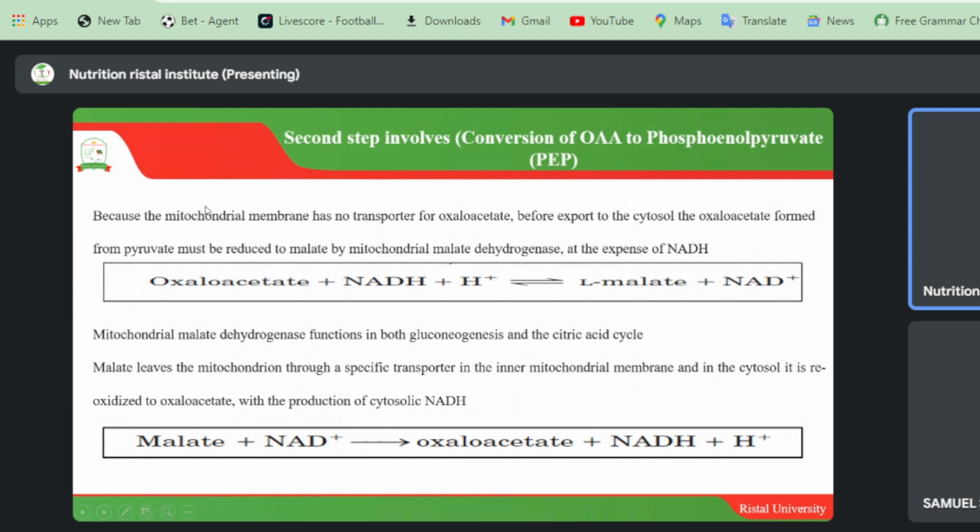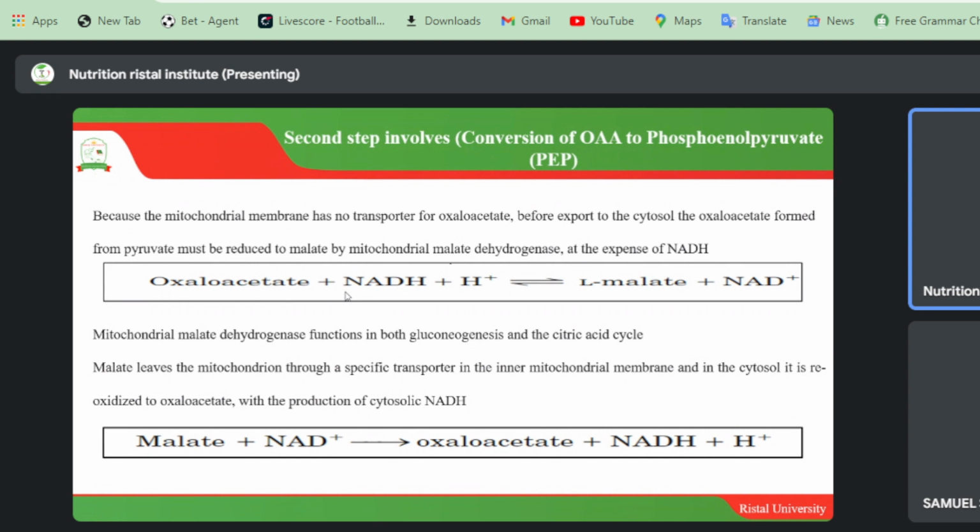Just like I've said earlier, the mitochondrial membrane does not have transporters for oxaloacetate, so this oxaloacetate cannot get out of the mitochondrial matrix into the cytosol, where the rest of the conversion to glucose can continue. So for this matter, we'll have to convert this oxaloacetate into malate.